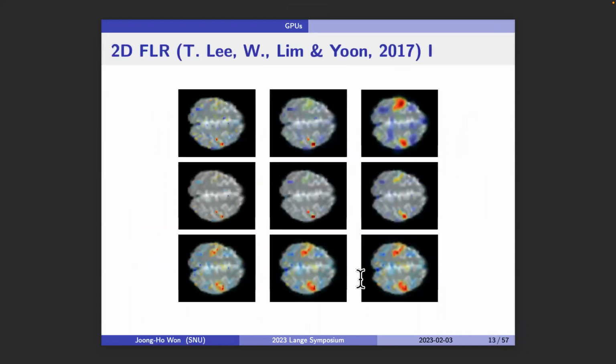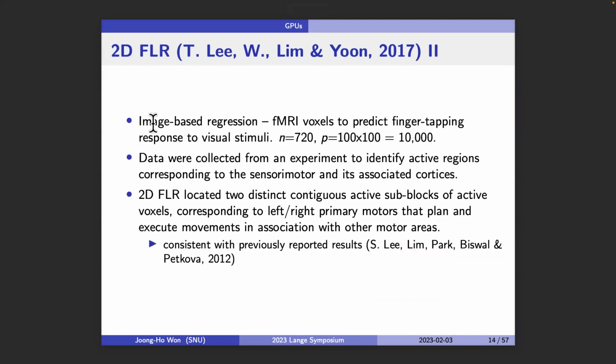And this is a two-dimensional fused lasso regression result that I worked on in brain imaging. It is called image-based regression, where the goal is to predict some human behavior response to some visual stimuli based on the functional MRI measurements.